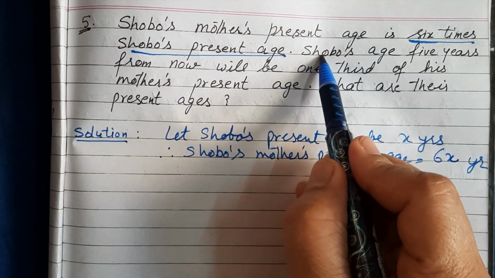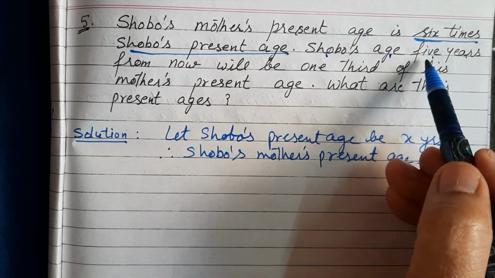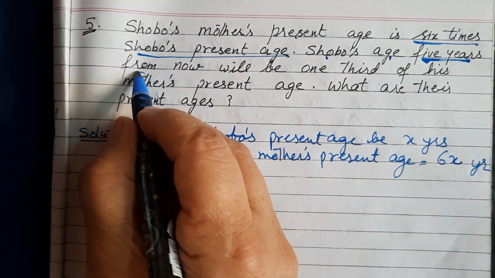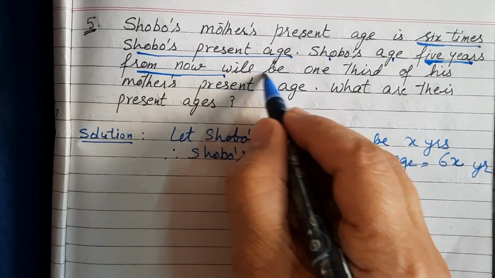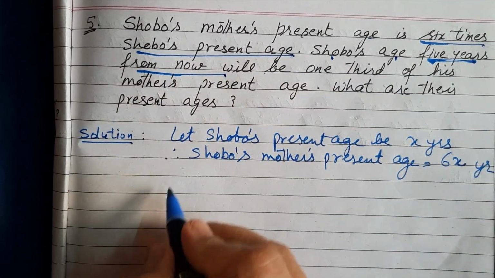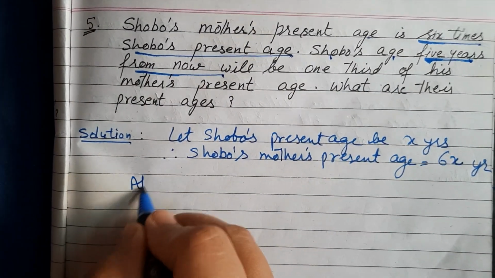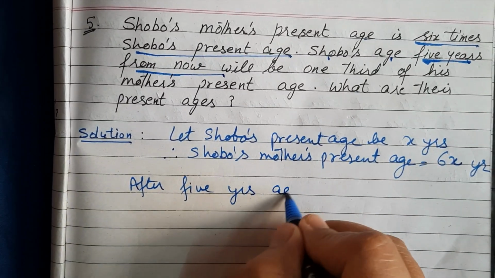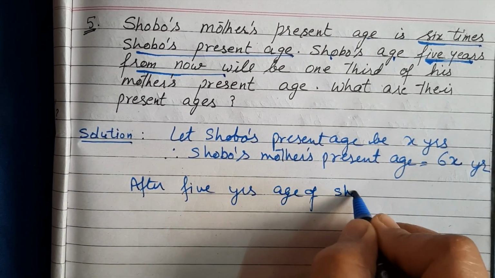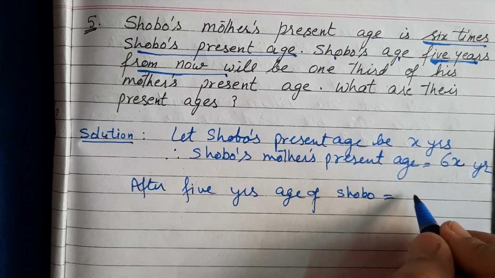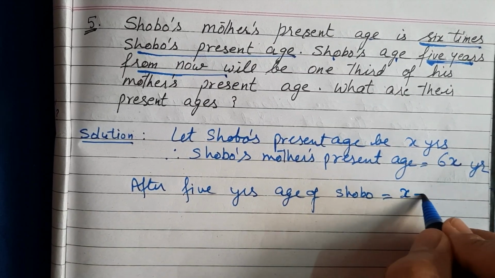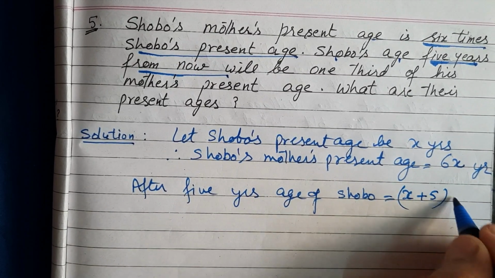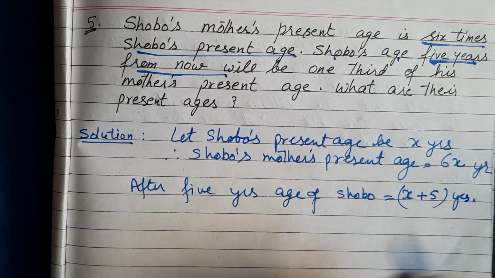Then Shobo's age 5 years from now will be, so after 5 years, age of Shobo will be, present age is x, after 5 years he will be x plus 5 years.